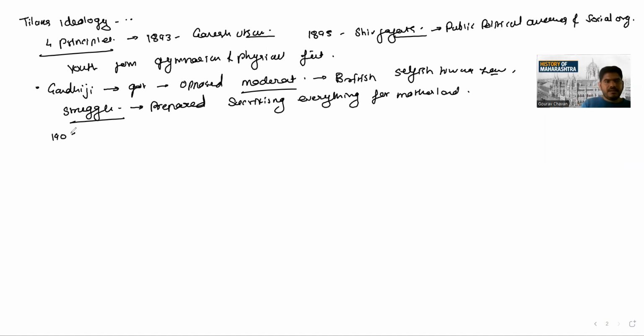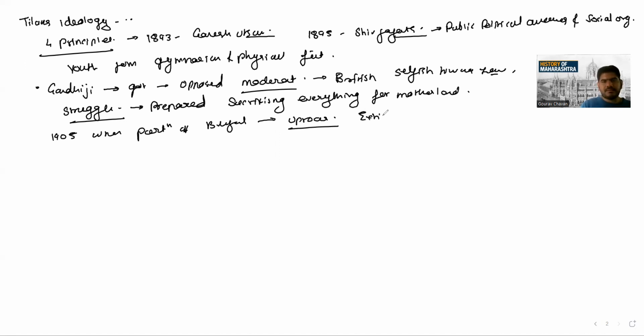Then what happened in 1905 when the partition of Bengal was announced? People gave a huge uproar. Why? Because they were enlightened, or you can say they were lit, by Tilak. Due to this, people reacted heavily to this. What did the extremists do?